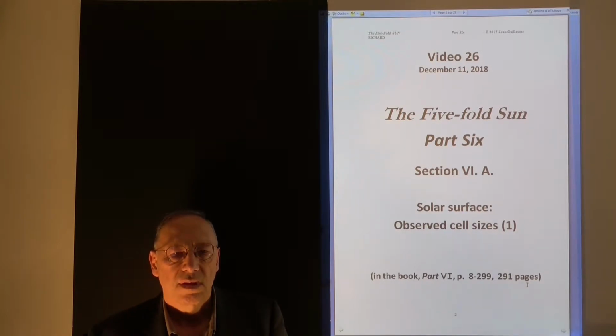Today we start investigating the solar surface, and in this first part of this investigation we will address the issue of cell sizes at the solar surface from observations.